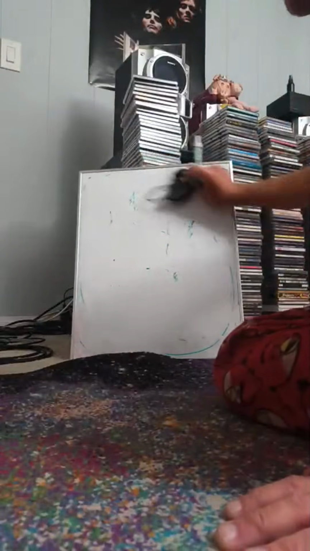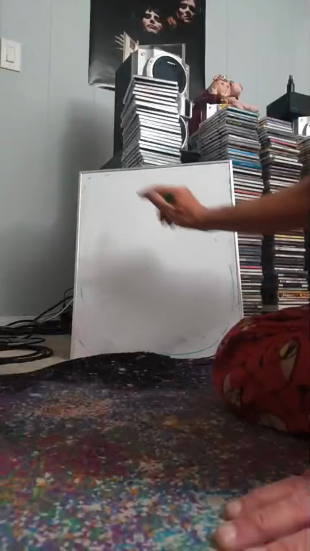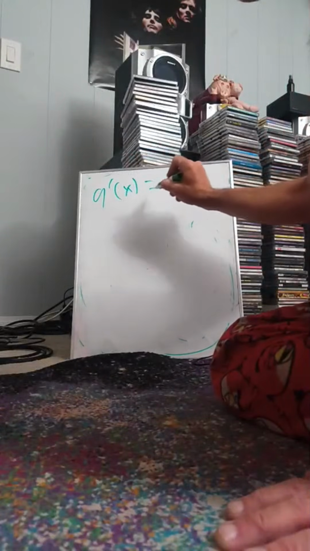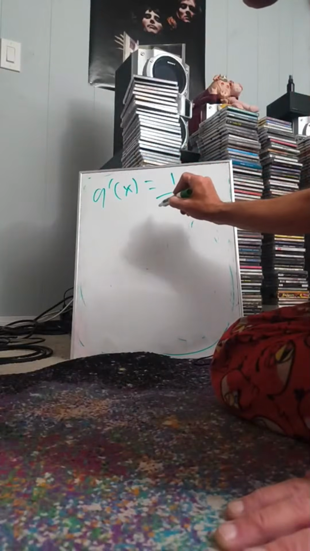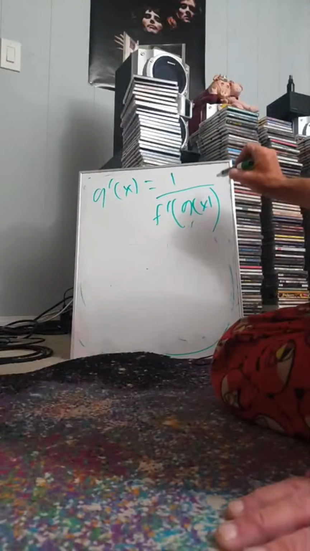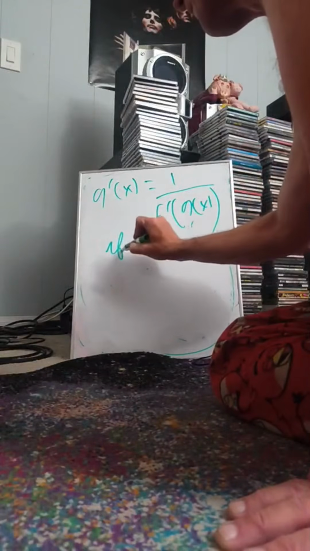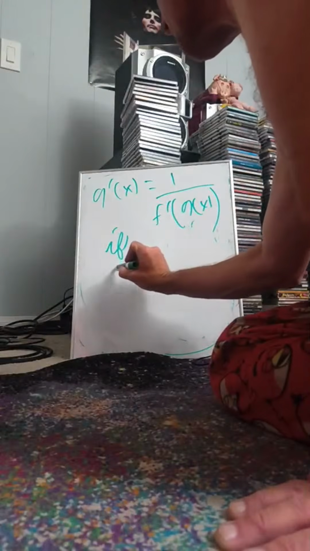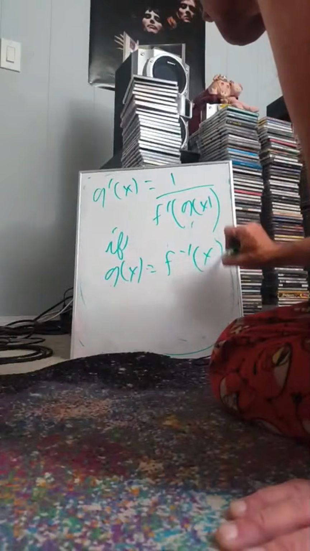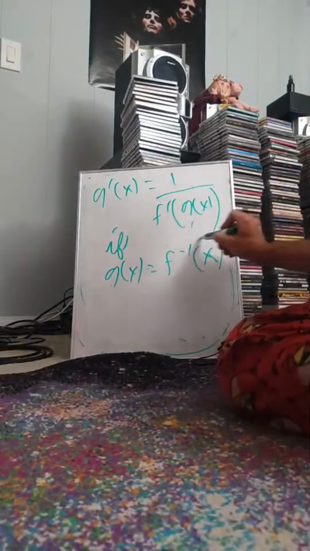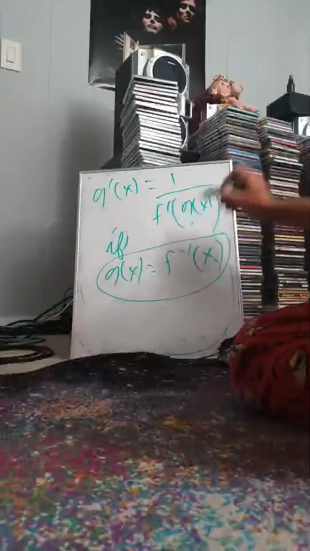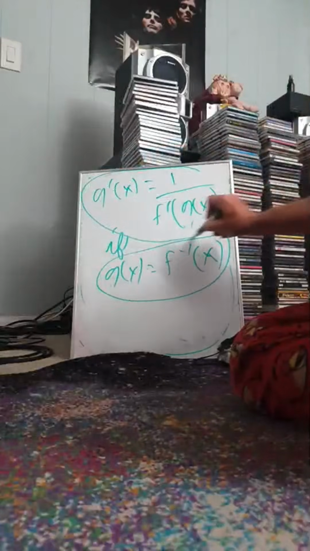So you have g prime of x equals 1 over f prime of g of x, if g of x equals f inverse of x, meaning that g of x and f of x are inverse functions. And if that's true, then this is true.